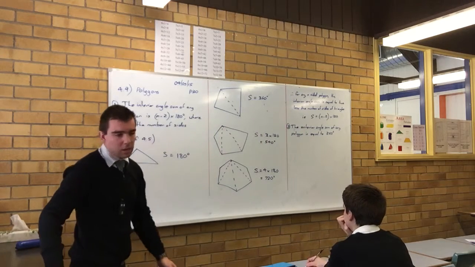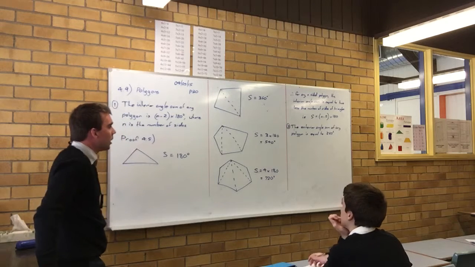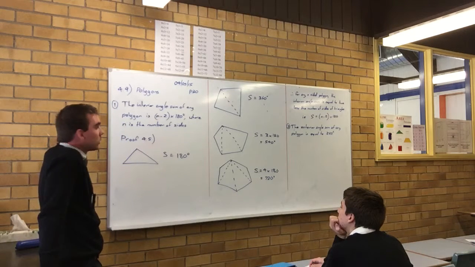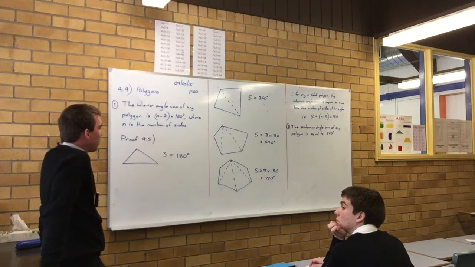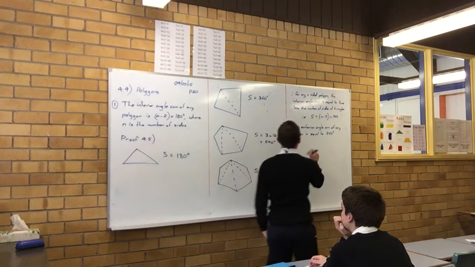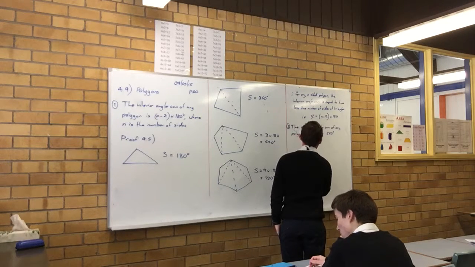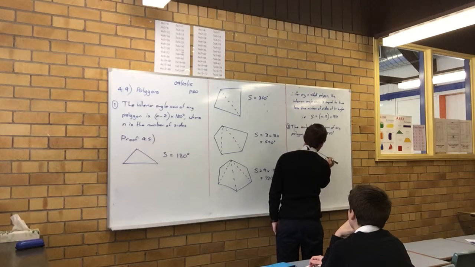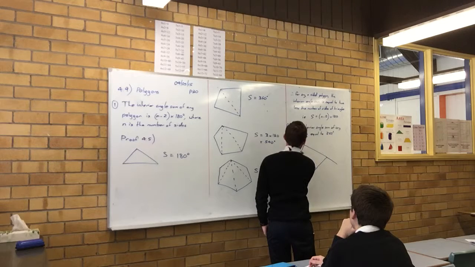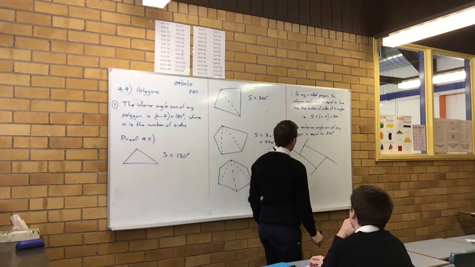No matter how many sides the polygon has, when you have the exterior angles, so we talked about the exterior angle result of a triangle, we extend all the sides of the polygon. So I'm going to pick a 4-sided one and extend the sides out one way.